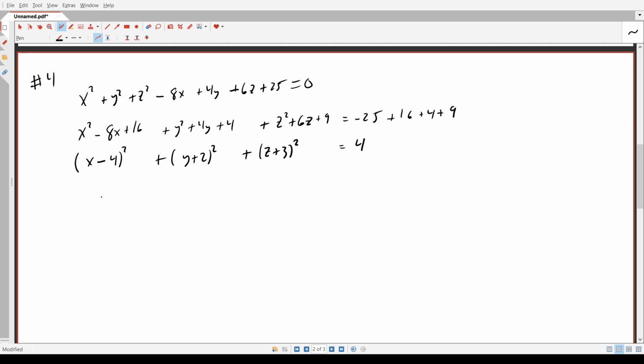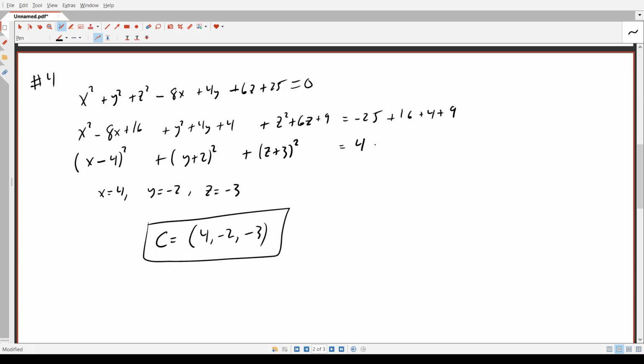So that means the x component is 4, y is equal to minus 2, z is equal to minus 3. So the center is 4, minus 2, minus 3. And this is equal to 2 squared. So number 5 we have right away. The radius is equal to 2.